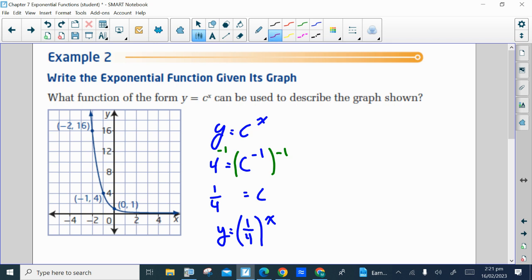So just to show you that, y is 16 when x is -2. In this case, though, in order to get our c value, it'll be 1/4 as well, but in this case, we have to get c to the positive 1.